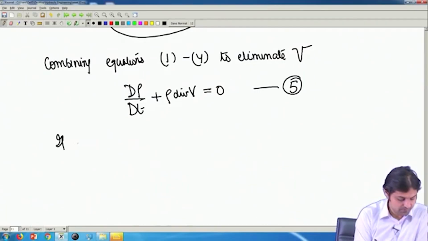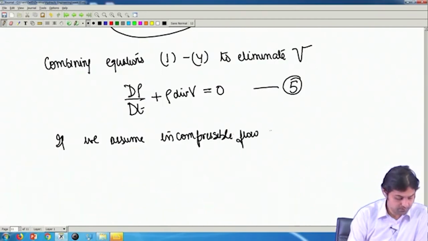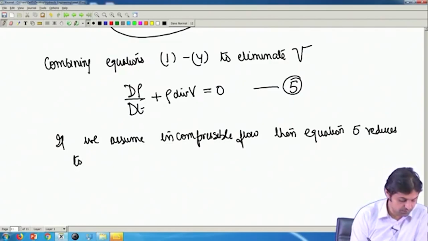If we assume incompressible flow, then this reduces to divergence of V is equal to 0.